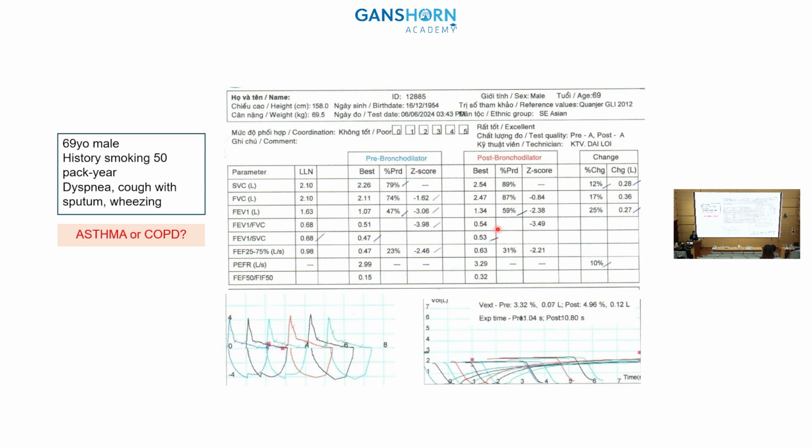So look at the bronchodilator test. The FVC increased to 87%, and the FEV1 shows 59%.